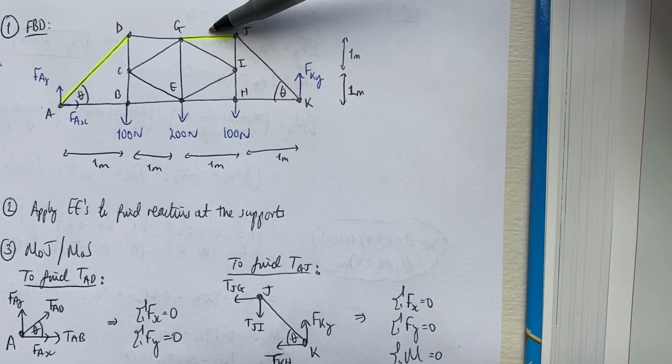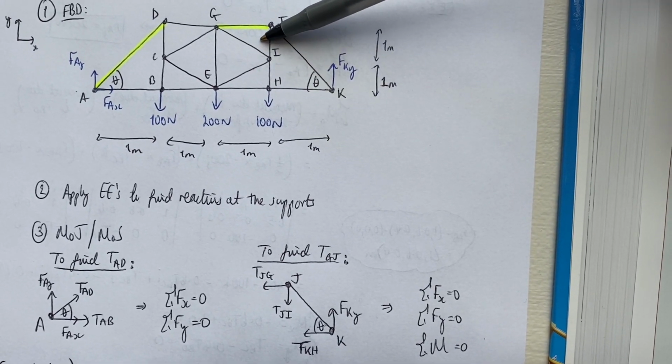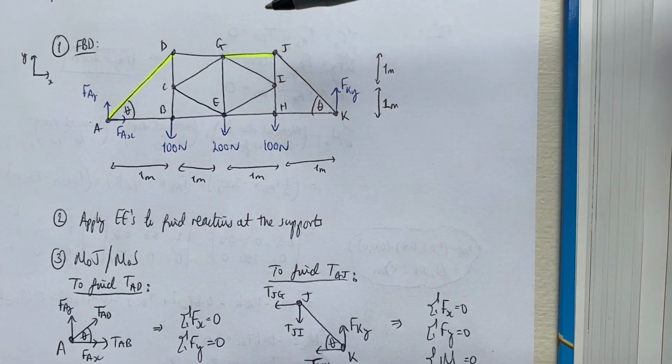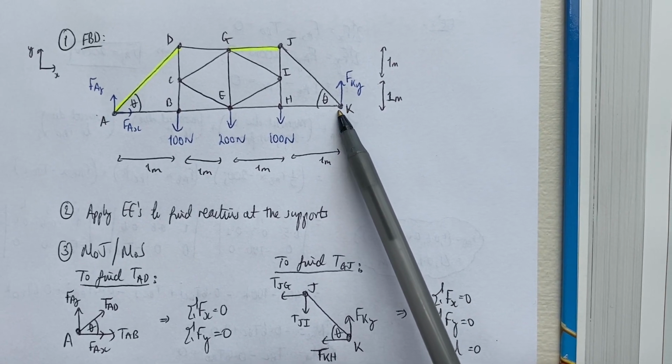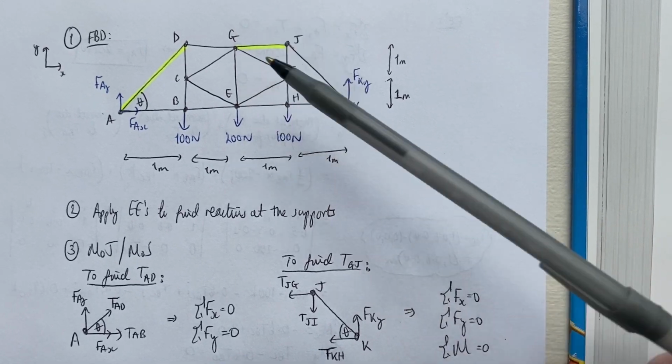To find the axial force in GJ, I can use the method of sections and make a cut through the truss structure through here, right? Cutting 1, 2, 3 members. And therefore I've drawn a sub-Freebody diagram of the right hand side, which contains joints K and J. So I'm cutting through here.